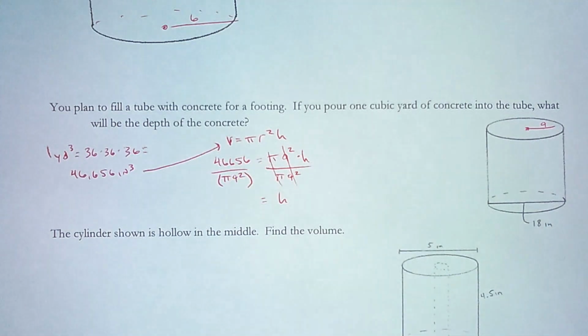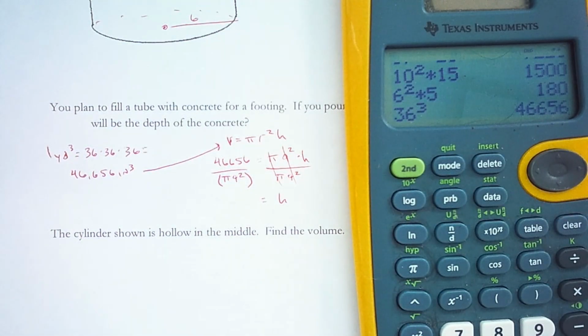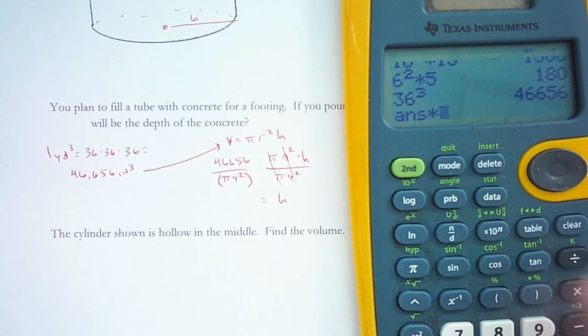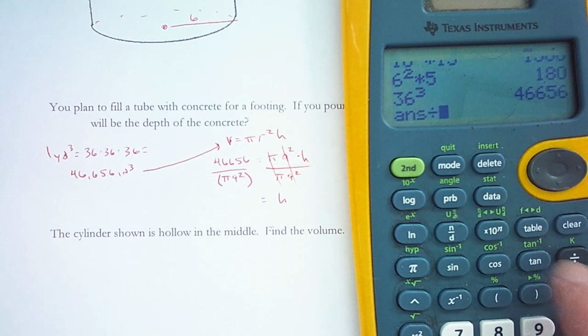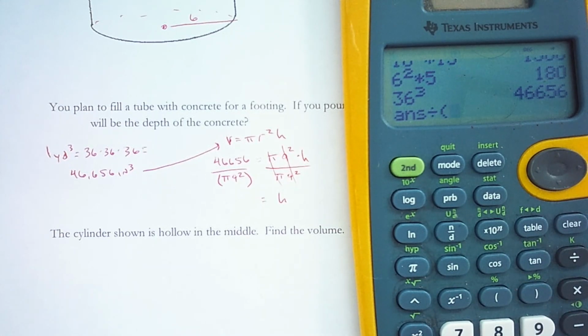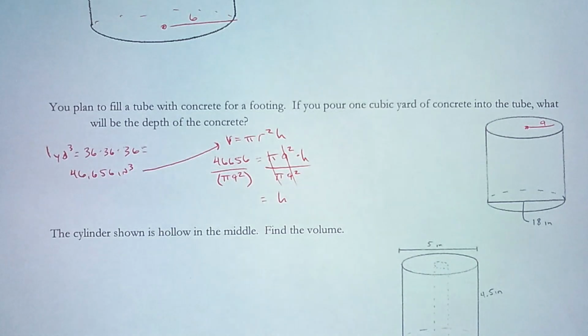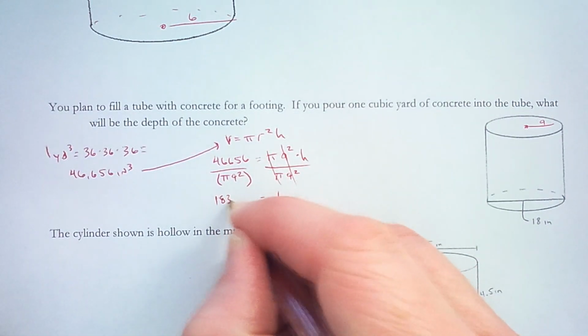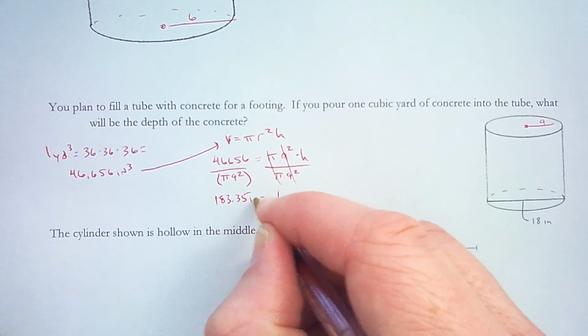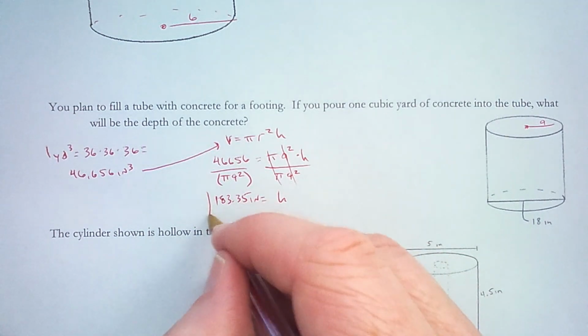But I want to divide by pi 9 squared, so I need parentheses there. So I've got my 46,656 divided by parentheses pi 9 squared. And that is 183.35, and that's in inches.